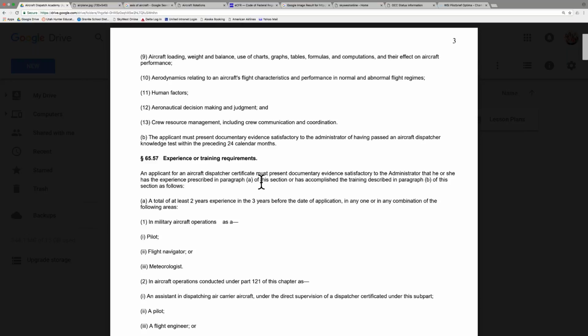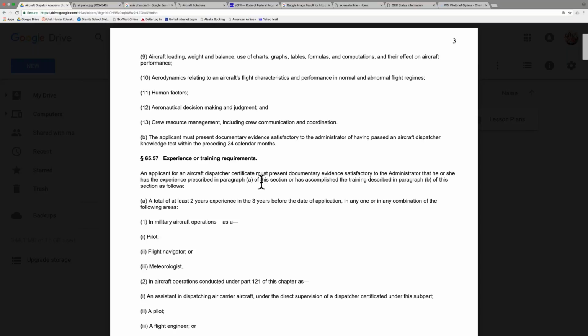What does air traffic control do in those situations? So aircraft loading, weight and balance, that's all flight planning stuff. Aerodynamics, so talking about an airplane.